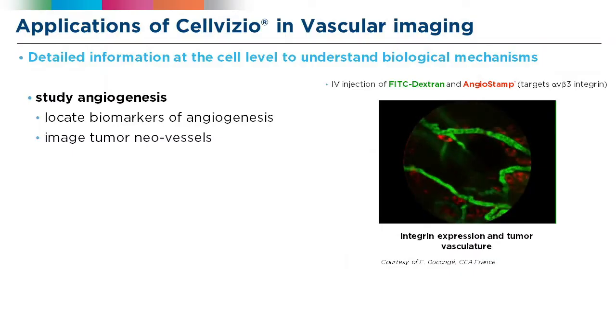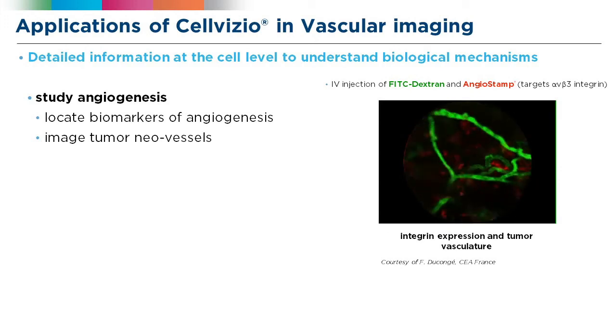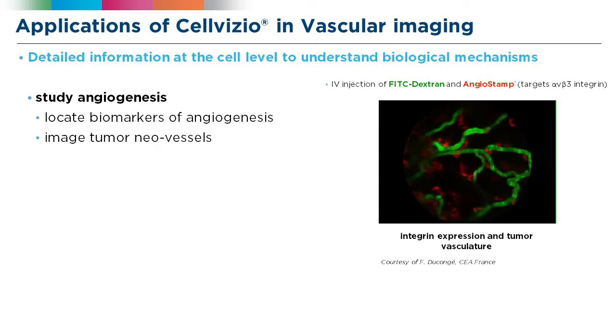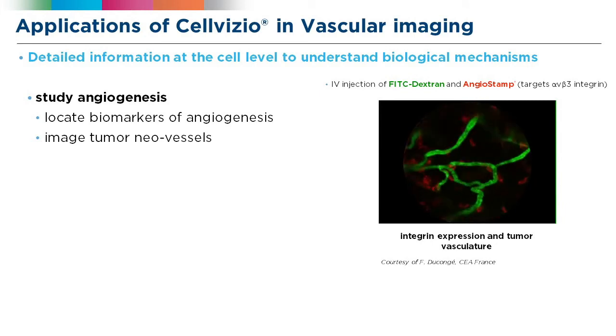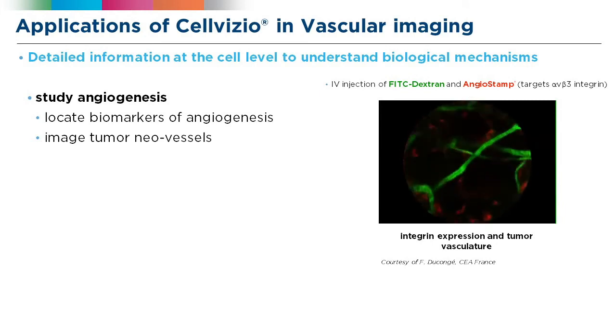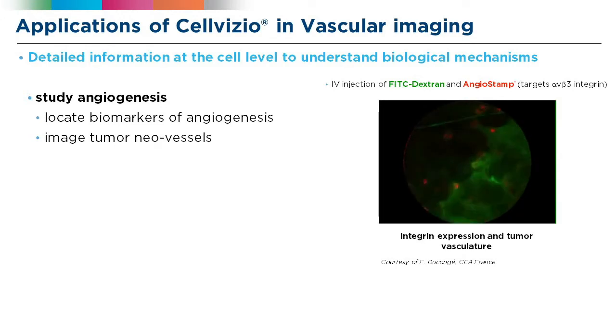So what are the applications of Cellvizio for vascular imaging? The first example is to use Cellvizio to look at angiogenesis. For example, to locate biomarkers of angiogenesis or to image tumor neovessels.